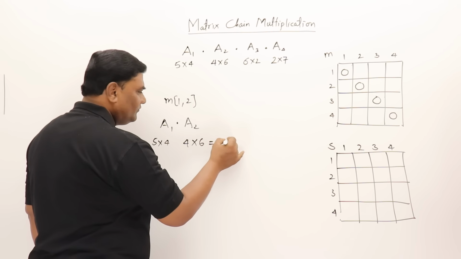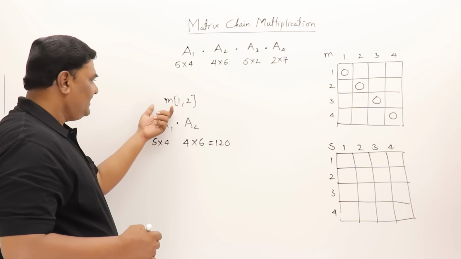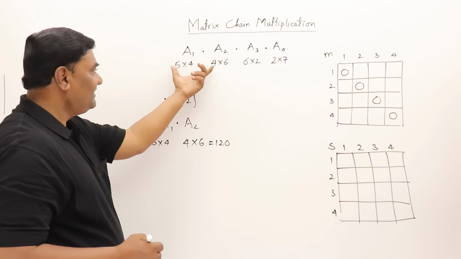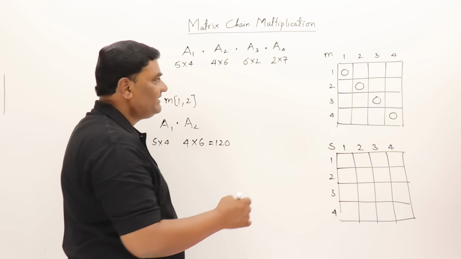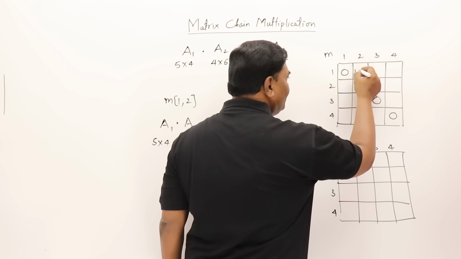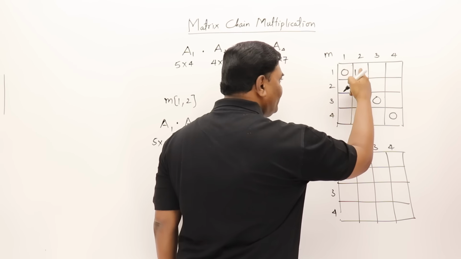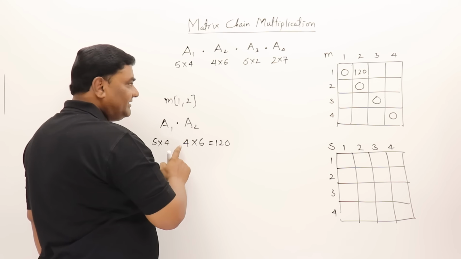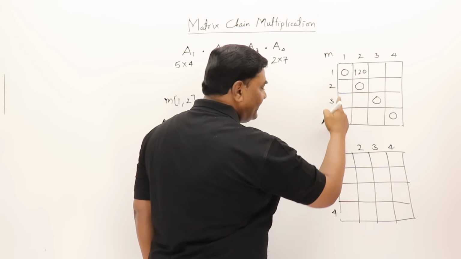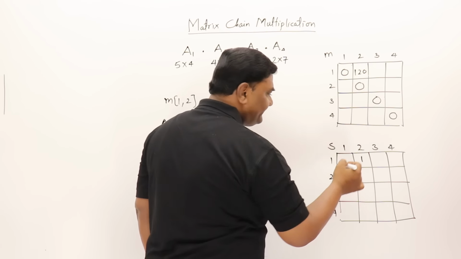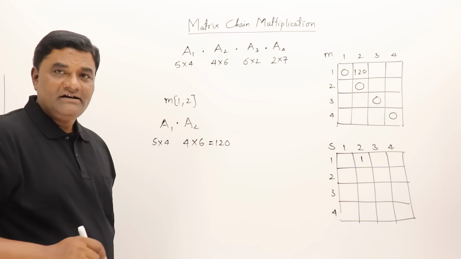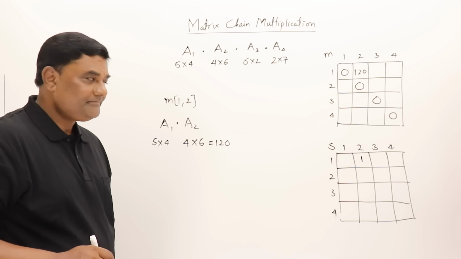This is 120. So M of 1 comma 2, that is multiplying this pair of matrices, is 120. Here I write 120 as the first value, and for this, since I multiplied 1 with 2, I will take it as 1. So at the same 1 comma 2 I will write 1. Why I am writing that, I will explain after some time.